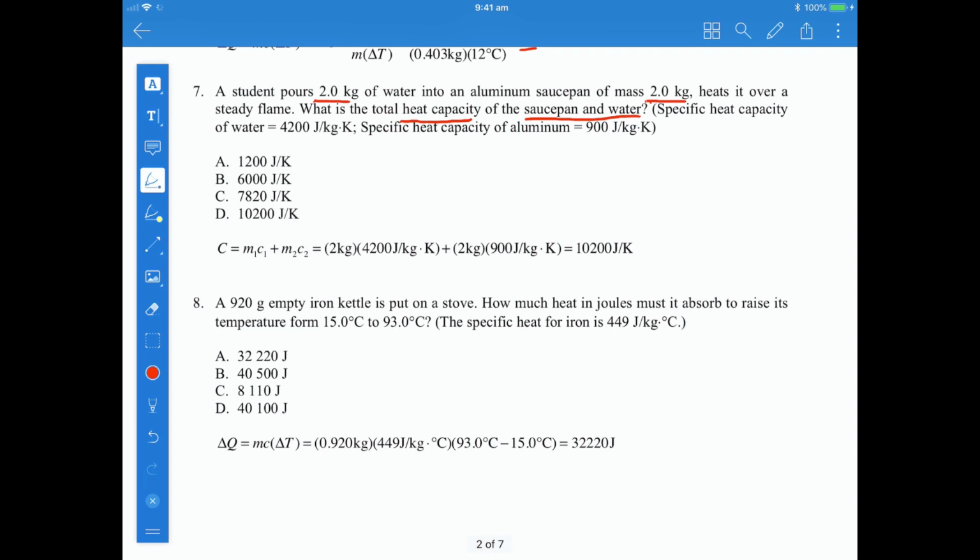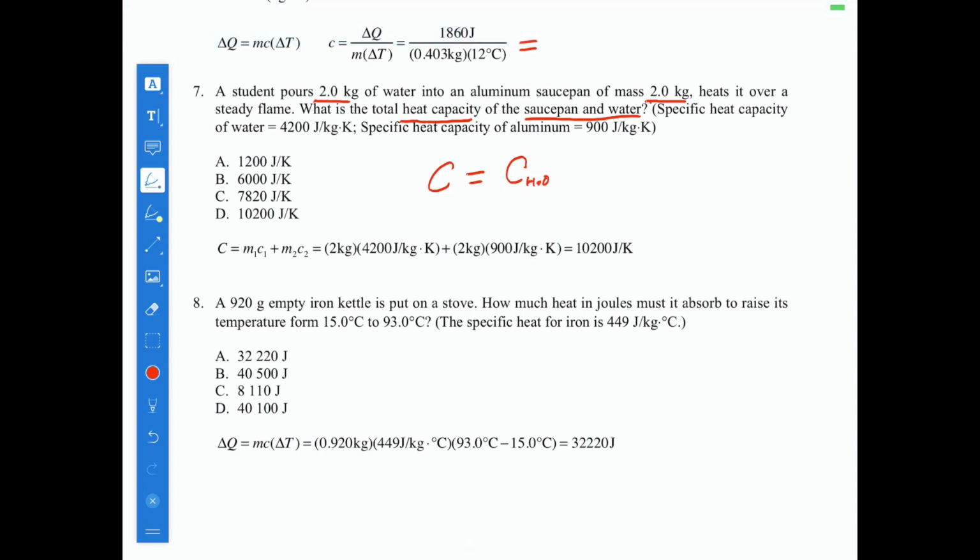Now, the total heat capacity is the heat capacity of the water plus the heat capacity of the aluminum saucepan.